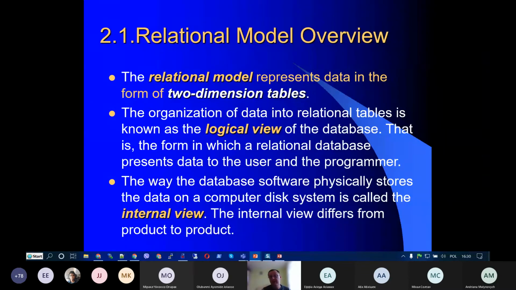The internal view will depend on the specific application software you decide to use to implement the database, and will depend on the scale of the database, and even has to be updated through the database life cycle. So we can start a small research project on our own computer and create it with some sort of personal database management software.